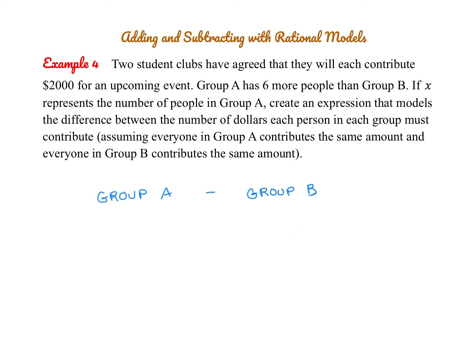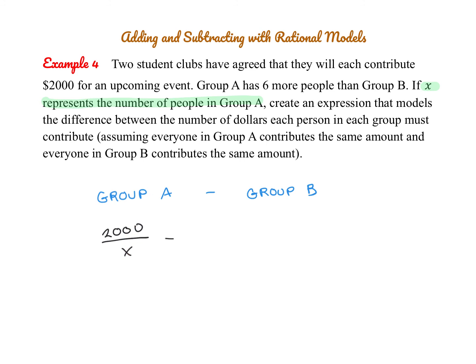So if Group A is going to contribute $2,000, and that's split up evenly over X people, because it says here that X represents the number of people in Group A, we can describe how much each person will pay by saying 2,000 divided by X. That's how much each person in Group A will pay.